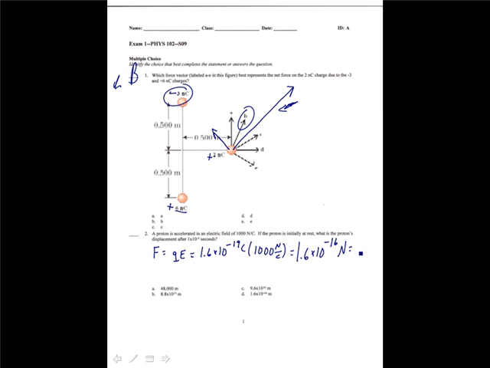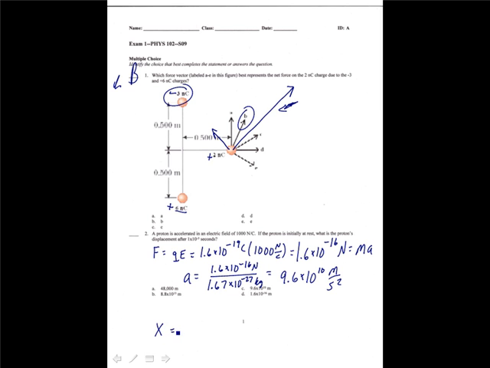And we know from Newton's second law that this is equal to the mass times the acceleration. So our acceleration is just this force, 1.6 × 10⁻16 newtons, divided by the mass of a proton, which is 1.67 × 10⁻27 kilograms, and that gives us an acceleration of 9.6 × 10⁻10 meters per second squared. Now we want to know what is the displacement after 10⁻³ seconds.